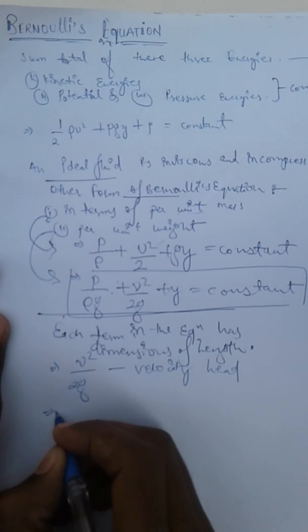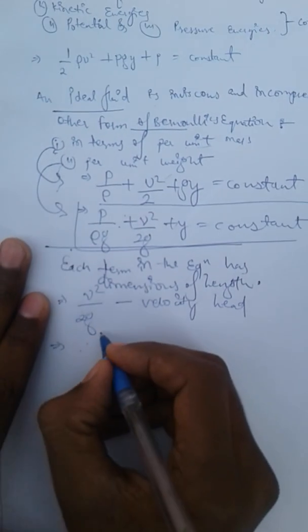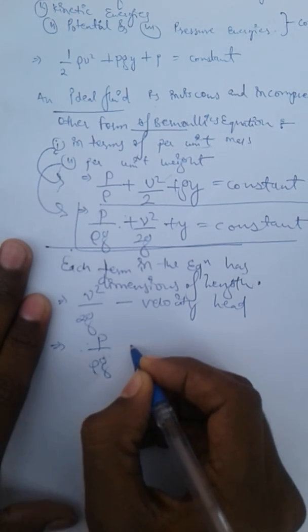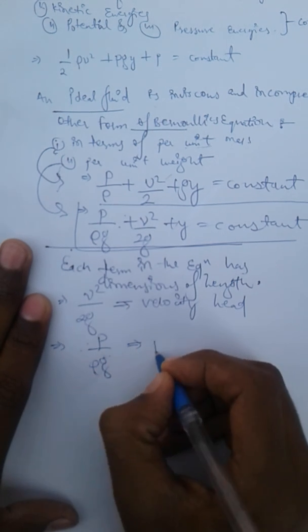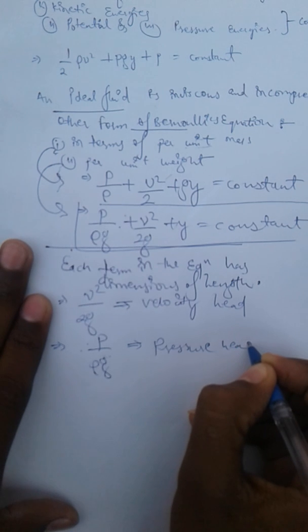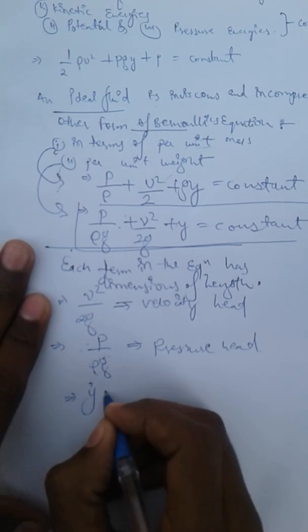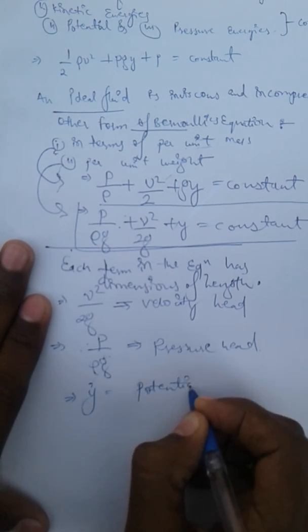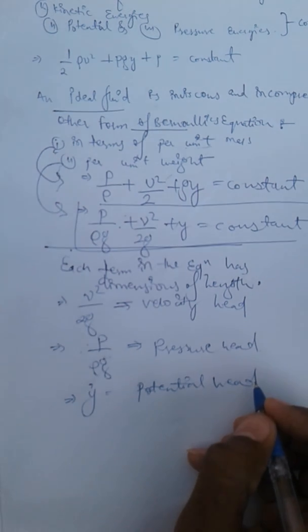The term p upon rho g is the pressure head, and the last one, y, is the potential head.